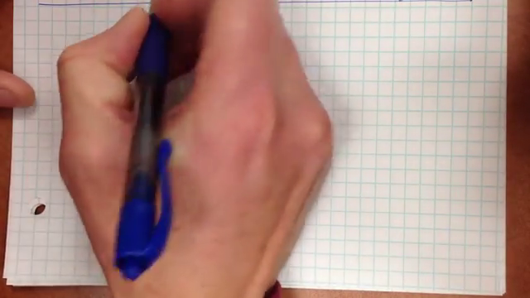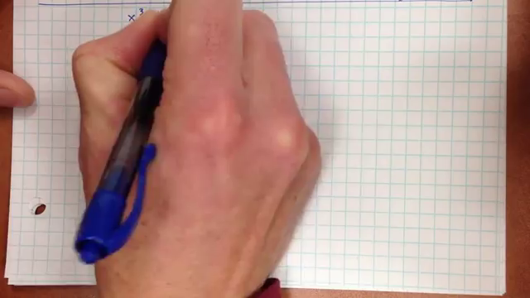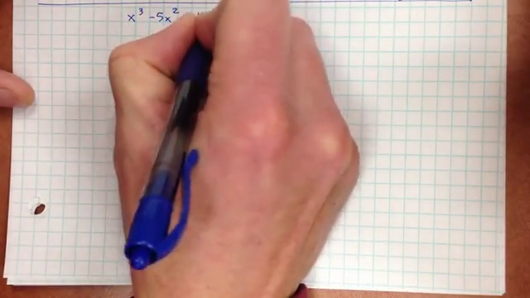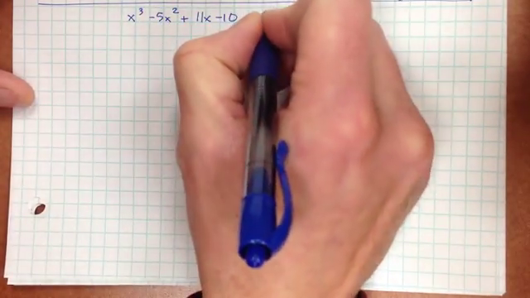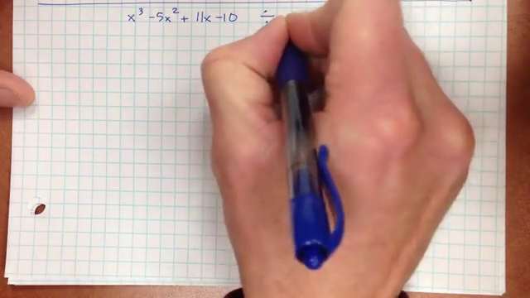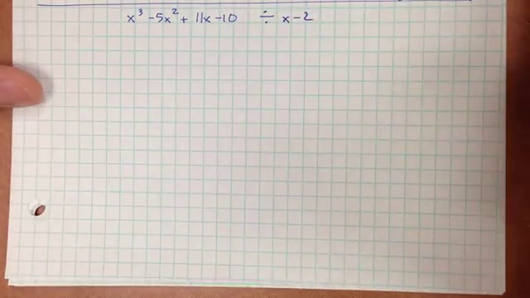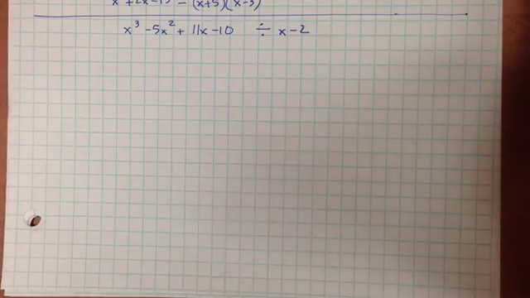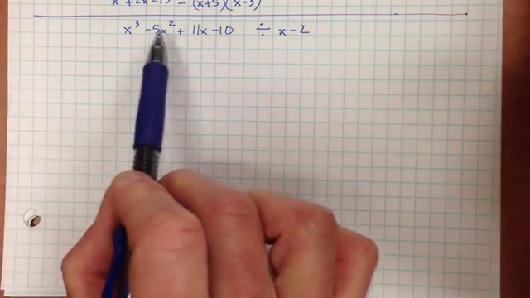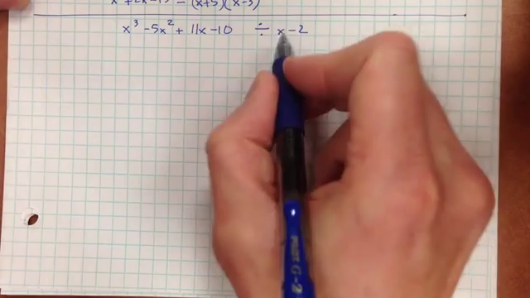x cubed minus 5x squared plus 11x minus 10 divided by x minus 2. Now when you're doing these polynomial long division problems, you need to have this in descending order, both.